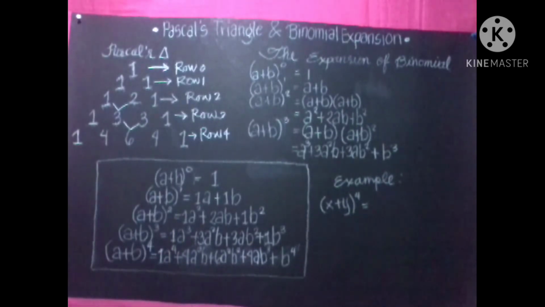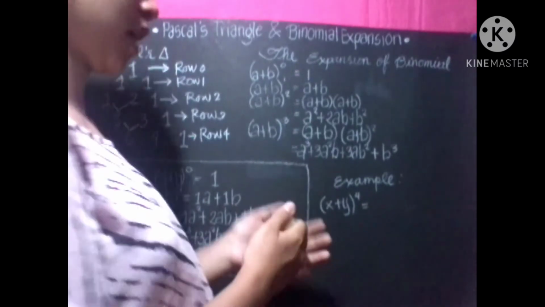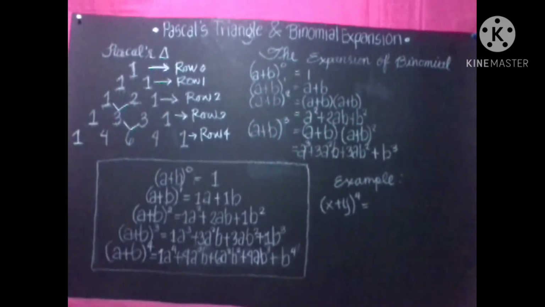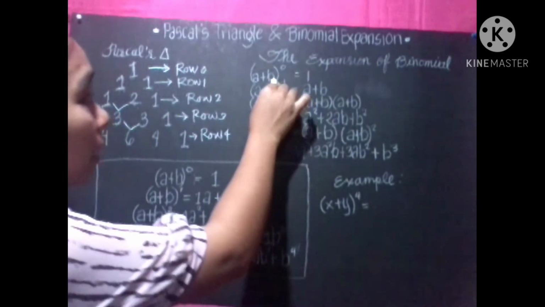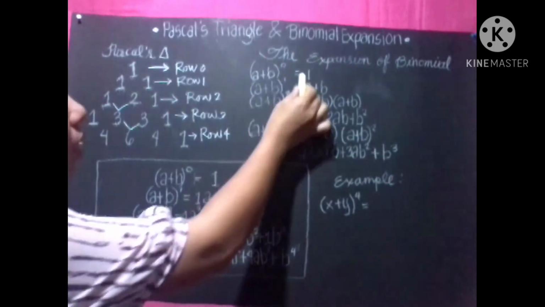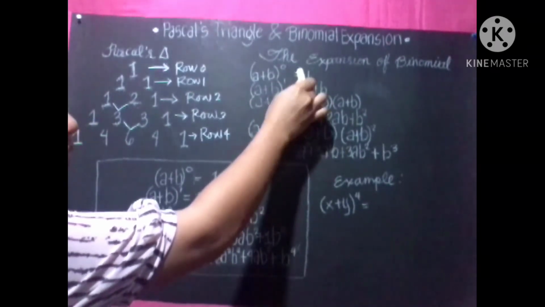We will continue solving the expansion of the binomial, and determine how to make our binomial expand. So we have a plus b raised to the power of 0. We will always start with 0. Any number raised to 0 is equal to 1.